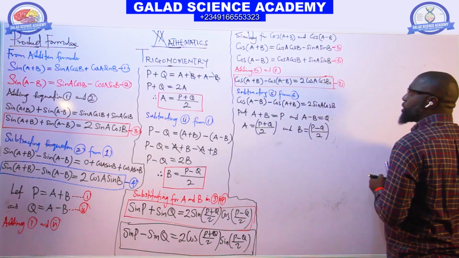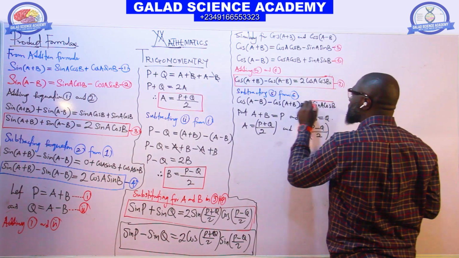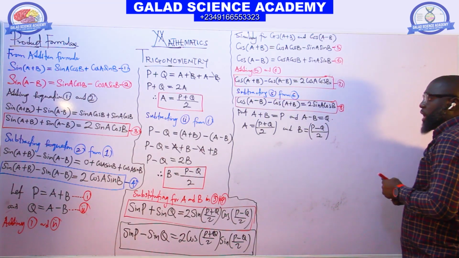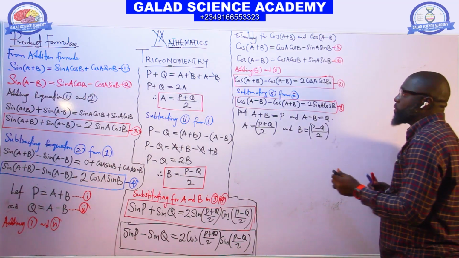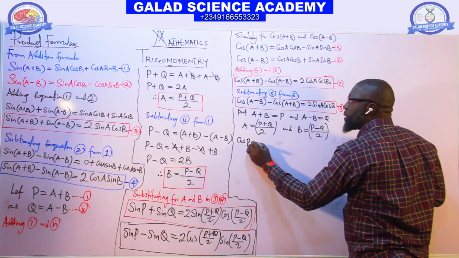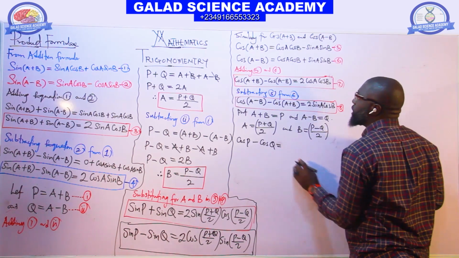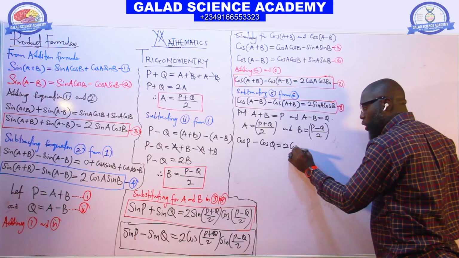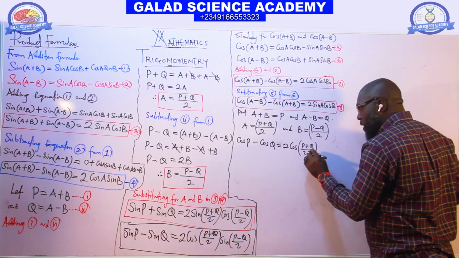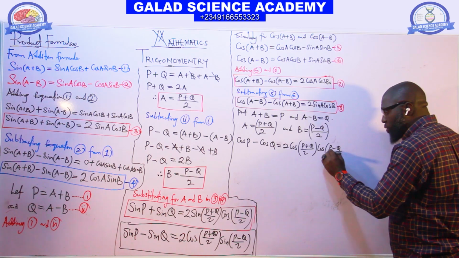So we can now put it here. If you put it in 7 and 8, what do we have now? For this place, we have cos P plus cos Q. It will give us 2 cos((P plus Q) over 2) cos((P minus Q) over 2).